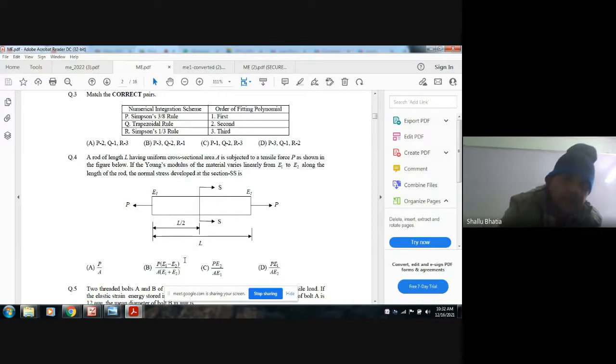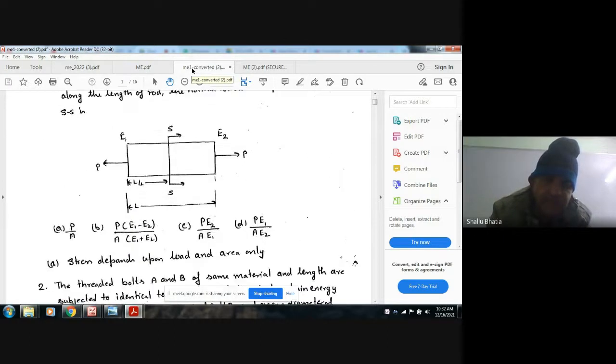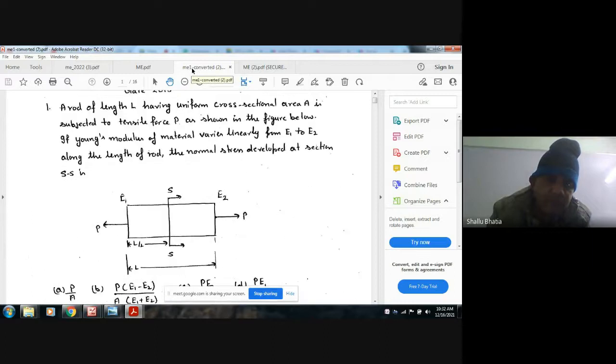As the stress doesn't depend upon the Young's modulus of elasticity and only depends upon the load and internal resistance area, the stress is only load by area. So option A is the right one.